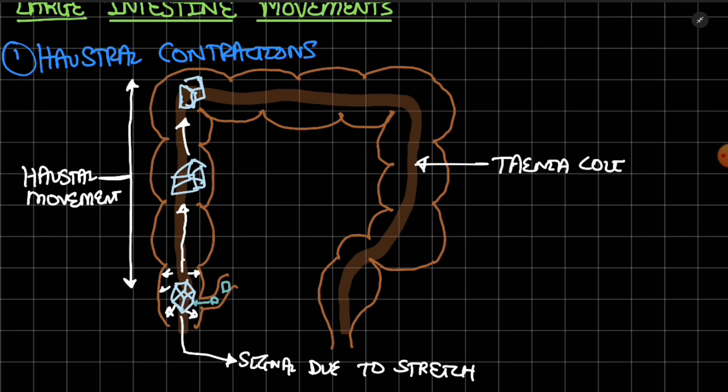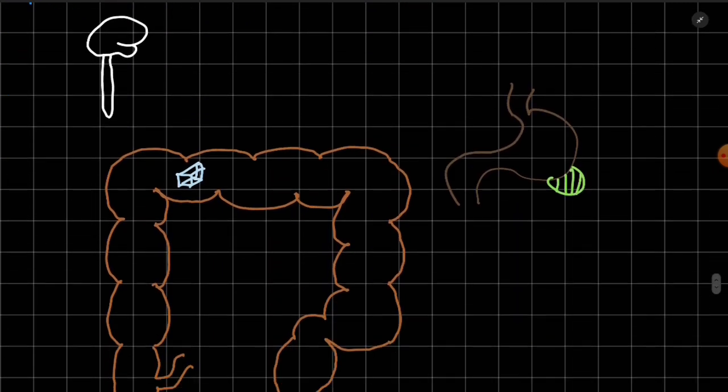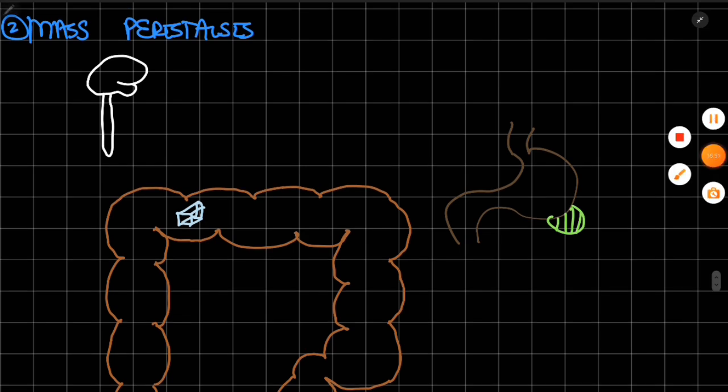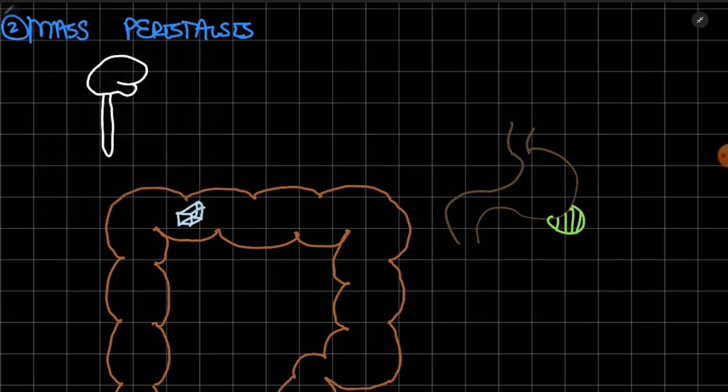Now going to the second movement, which is mass peristalsis. The name itself says it is the movement of a huge mass. Now we are in the large intestine, so our paneer has gone, sadly. So fecal particles are there.